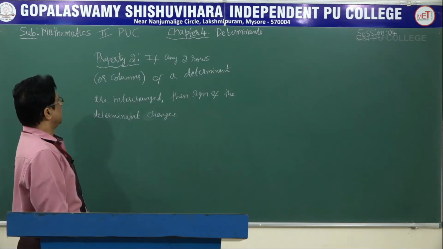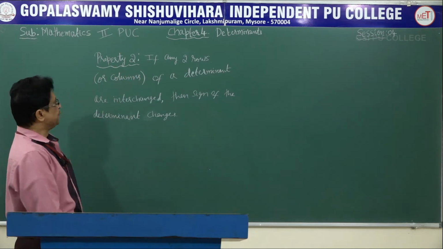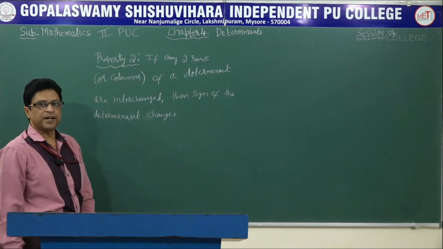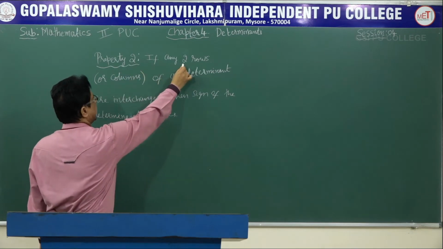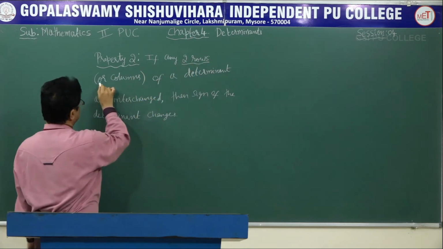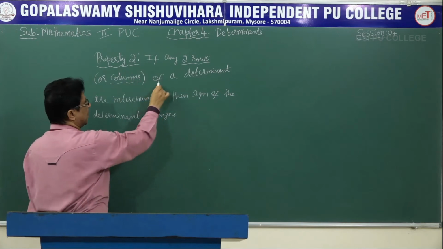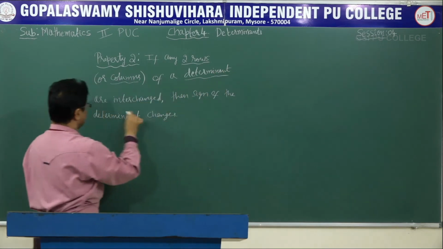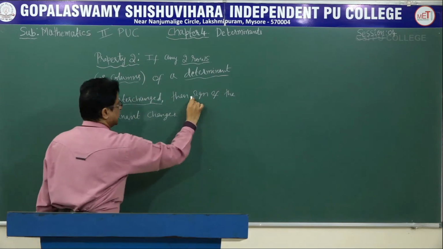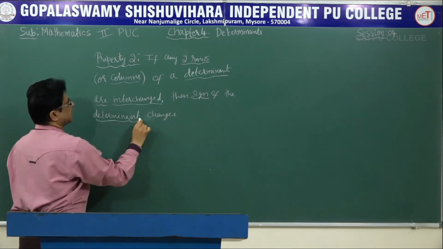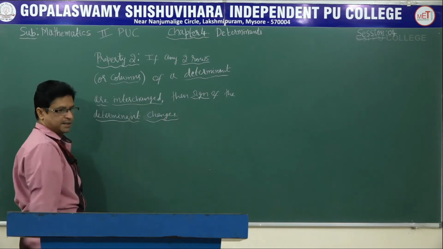Let us verify the property 2. If any two rows or columns of a determinant are interchanged, then the sign of determinant changes.